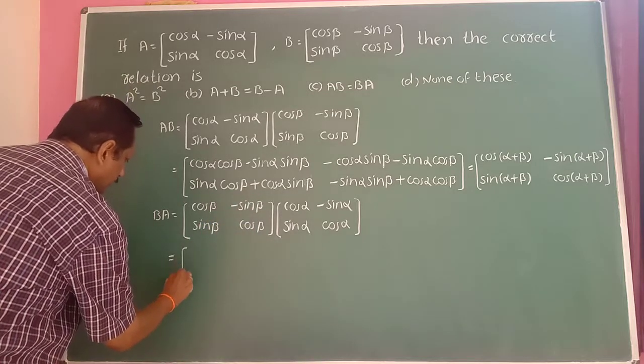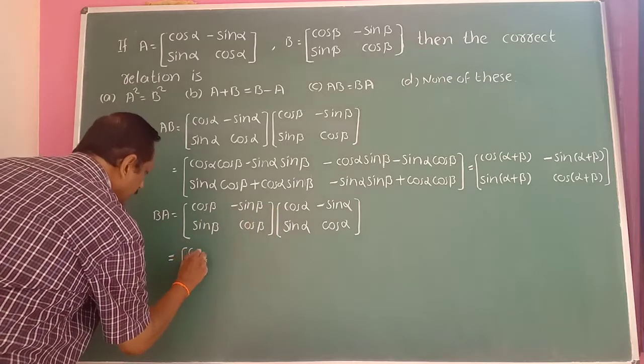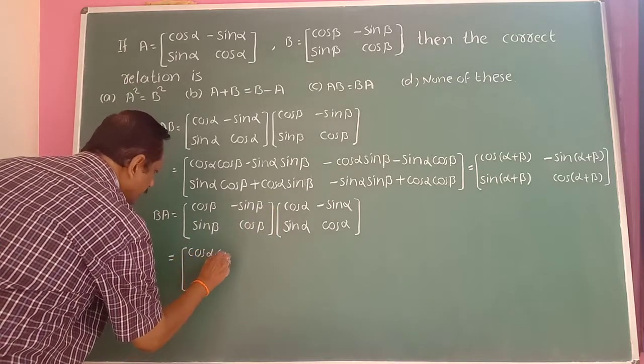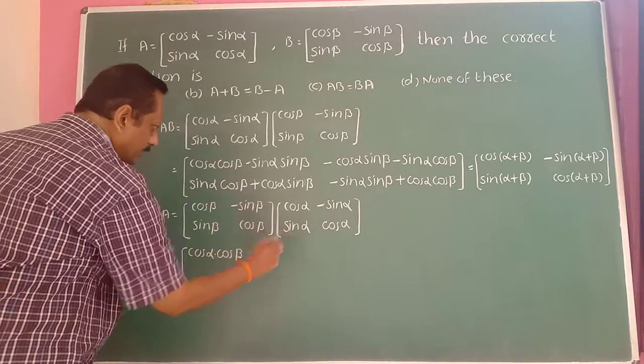So this is equal to cos beta cos alpha, which you can write as cos alpha into cos beta, minus sin beta into sin alpha.